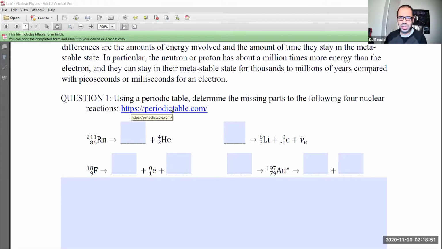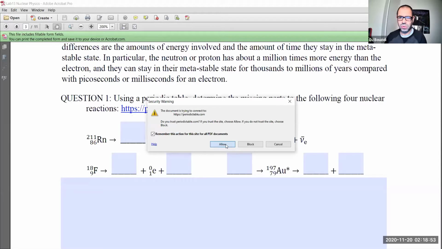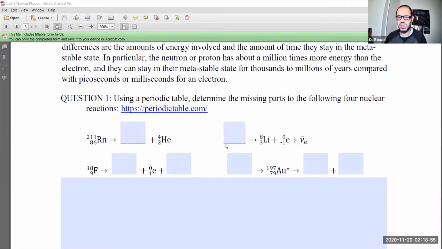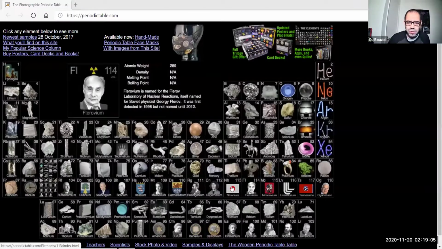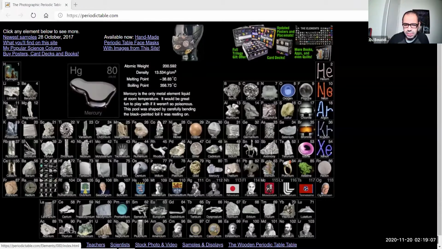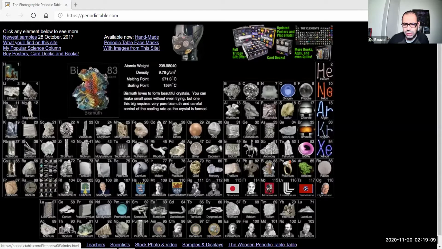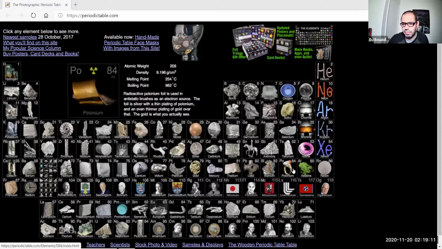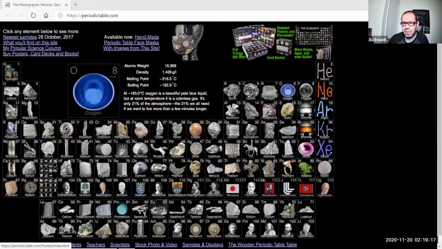So I'm going to click on the table, this one in here, and allow, of course. Let me stop sharing the screen and share this with you. So I'm looking for 84. This is 79, this is 80, 81, 82, 83, 84, polonium. So what goes in that insert is Po, with 84 at the bottom.